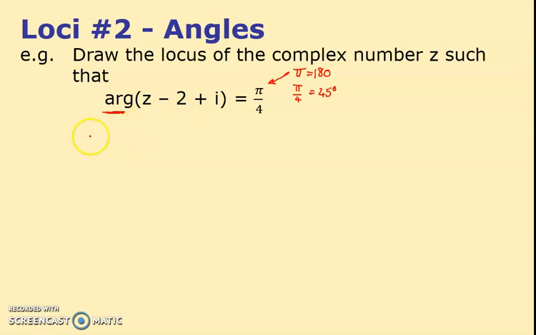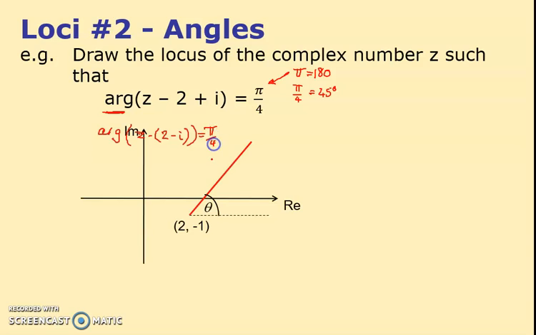I've also said to you that sometimes you write these in the brackety form. So I've written arg z minus 2 minus i. You might prefer that, you might not, I don't know, equals pi by 4. Let's draw the picture. Interestingly, it says 2 minus 1i, and notice what I've done. I haven't done it at the centre, I've gone 2 across, 1 down.